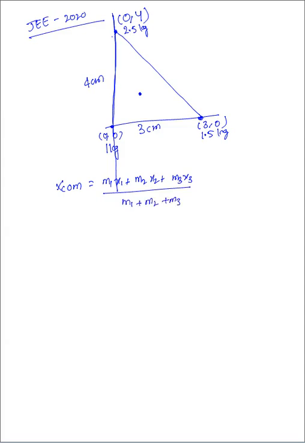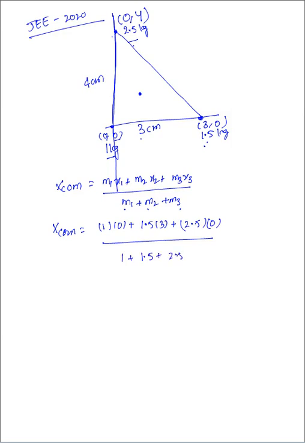Therefore, XCOM equals m1 is 1, x1 is 0, so 1 into 0, plus m2 is 1.5 into 3, plus m3 is 2.5 into 0, divided by m1 plus m2 plus m3, that is 1 plus 1.5 plus 2.5.